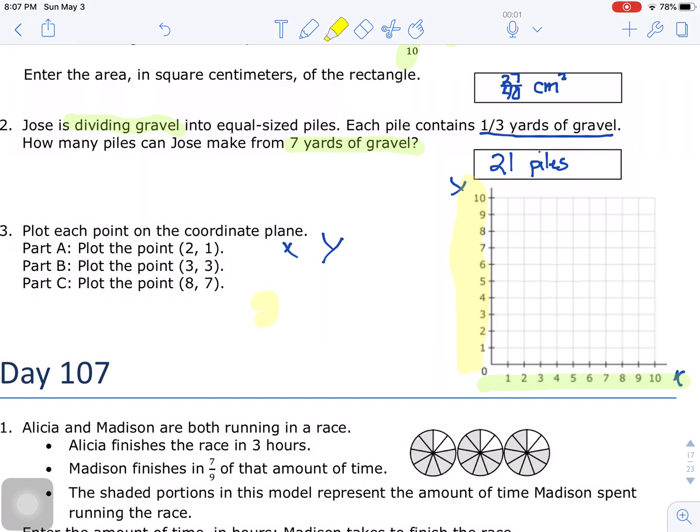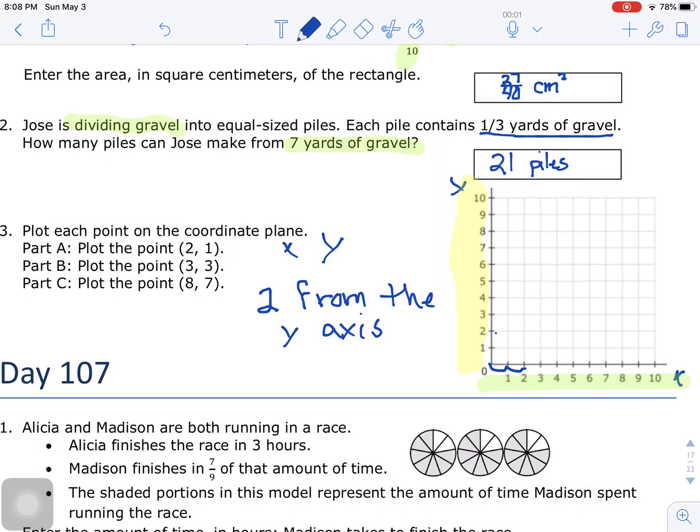whoa, let me undo that, get my pencil. It is 2 spaces from the y-axis. So the y-axis is in yellow. And if my first point is 2 from the y-axis, it would be 2 over, right?